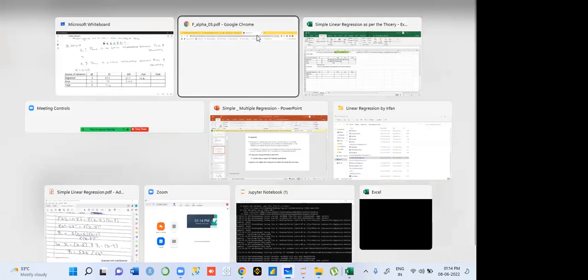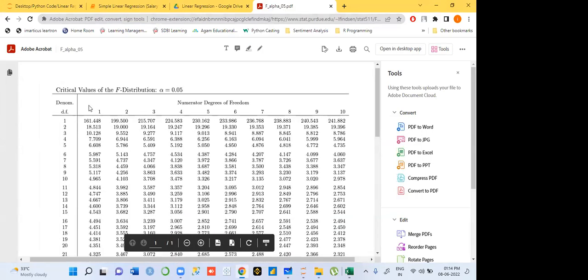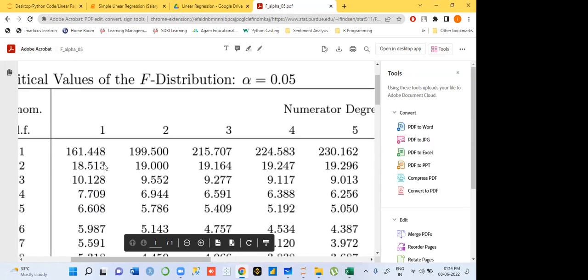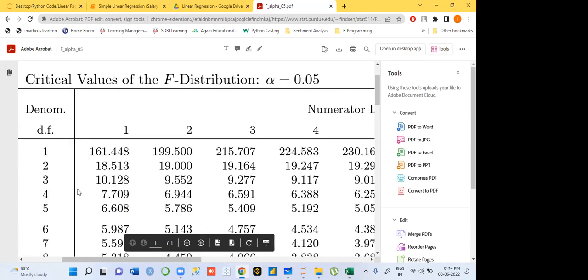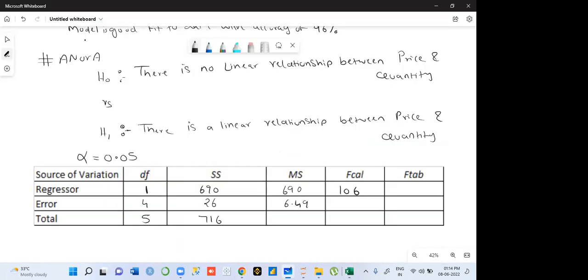Okay, I'll go over here. What is the degree of freedom? For 1 comma error, how much? 4. What is the value? 7.70. Can you write the F table?